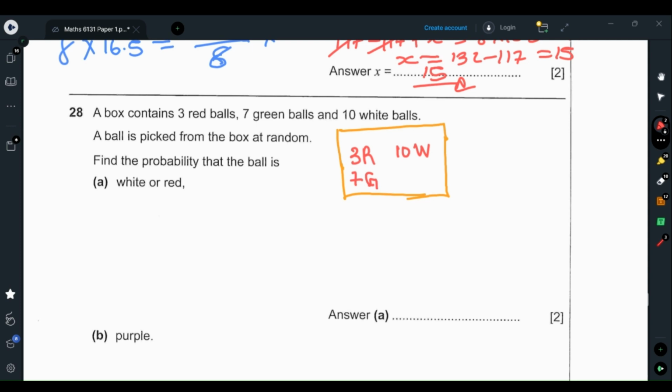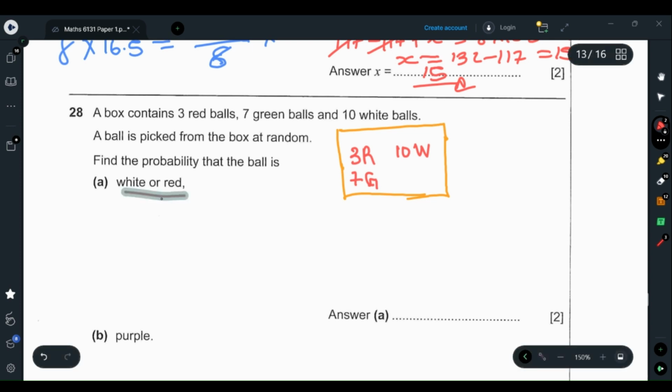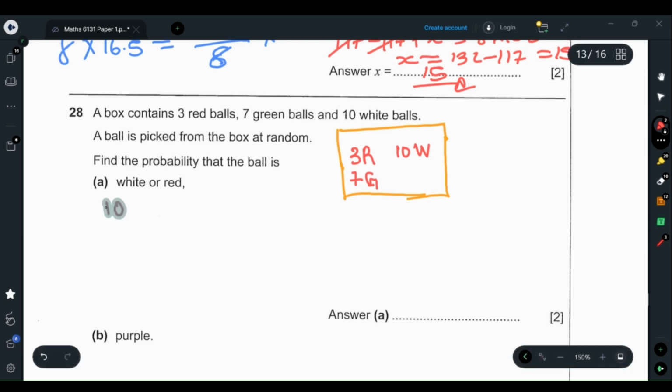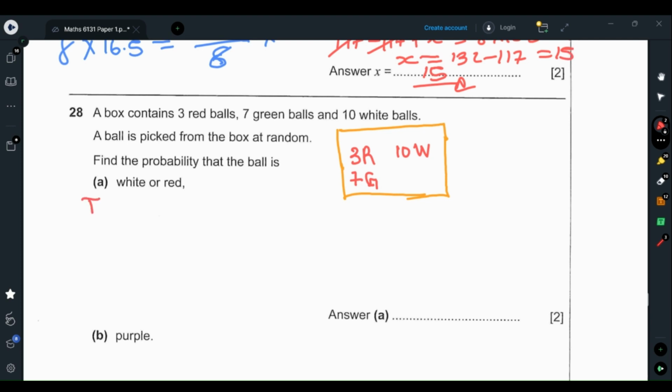What is the probability that one will pick up a white or red ball? The probability of picking up a white ball is 10 over, in total how many balls?